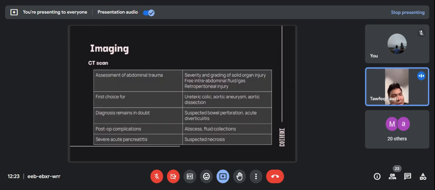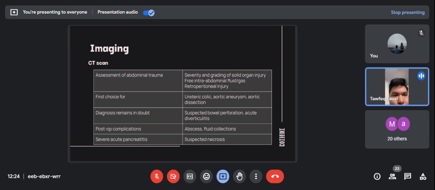Okay. CT scan is the imaging of choice for most causes of the acute abdomen. You can assess for retroperitoneal injury, and it's usually the first choice of investigation for ureteric colic, abdominal aortic aneurysm, aortic dissection.